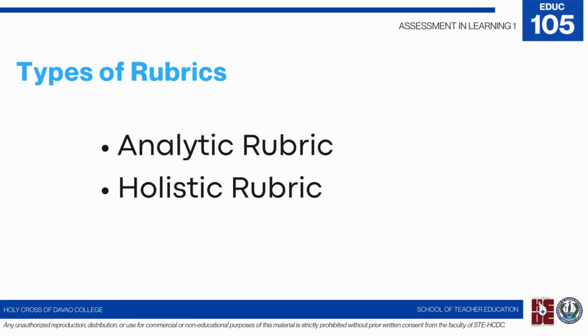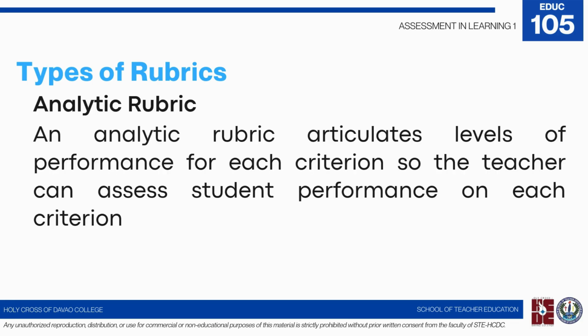Let us have the different types of rubrics. It could be an analytic rubric or a holistic rubric. What is an analytic rubric? It articulates different levels of performance for each criterion, so the teacher can assess student performance on each criterion. An example was the one provided earlier, in which there is a different or distinguishable level of performance in each criterion.